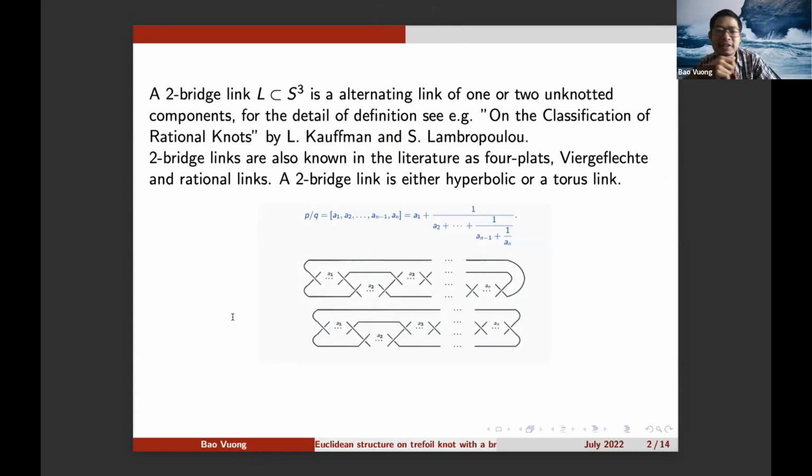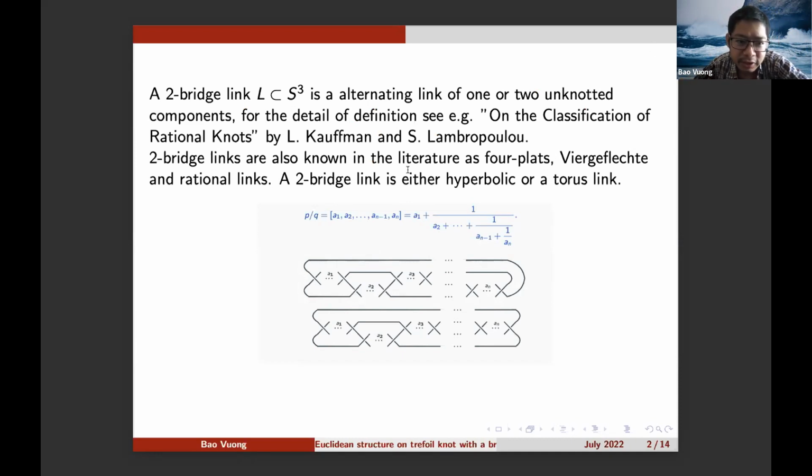The two-bridge link L in S3 is an alternating link on one or two unknotted components. For the details of the definition, see for example the classification of rational knots by Kauffman or Lambropoulou. So it looks like in the picture, for short.